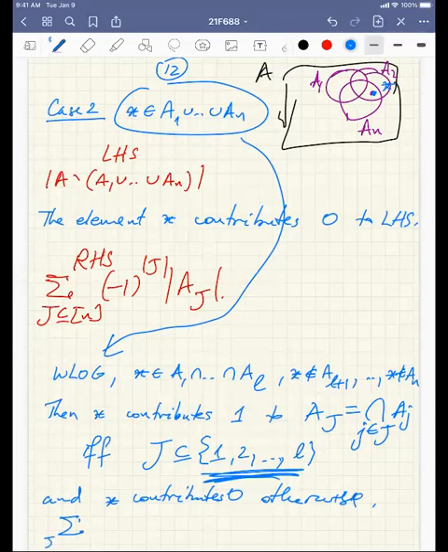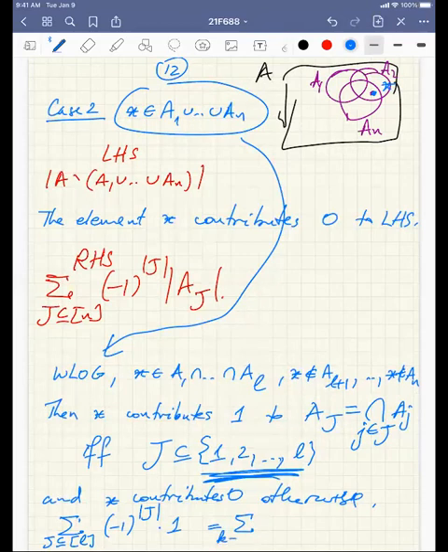So it's going to be summation over all J, but J is a subset of the set L, and it's going to be -1 to the cardinality of J. And there's going to be a 1, which is the contribution of x. Now we split these J's according to their cardinalities. So let's just use as a cardinality for J k as before.